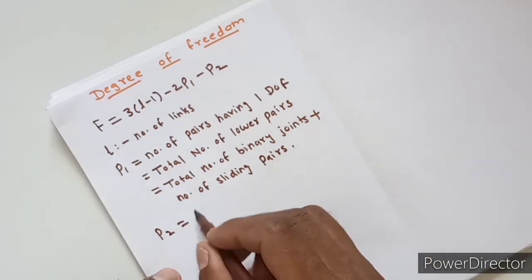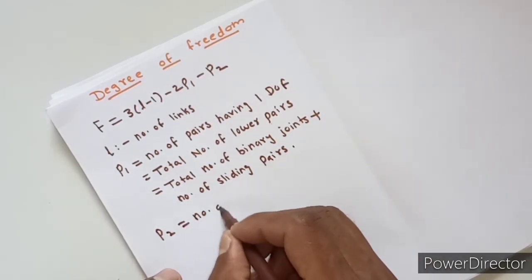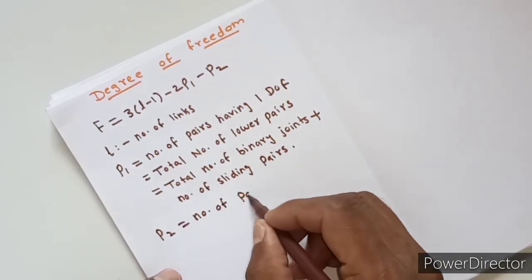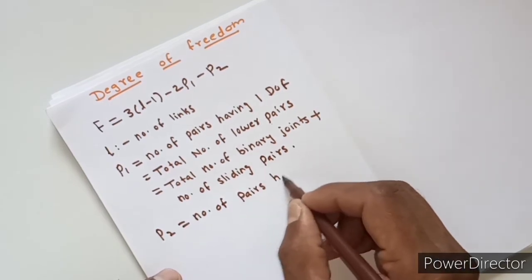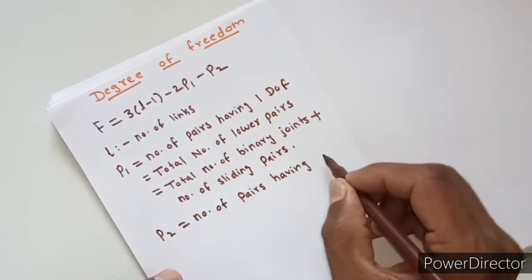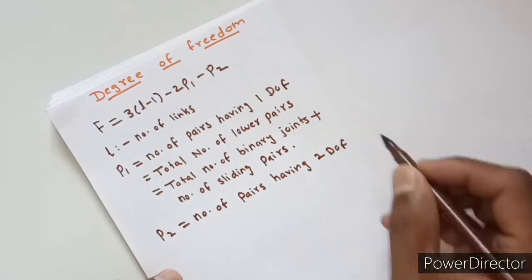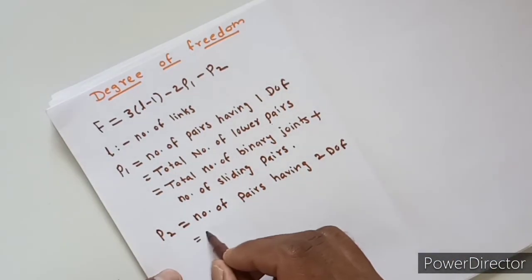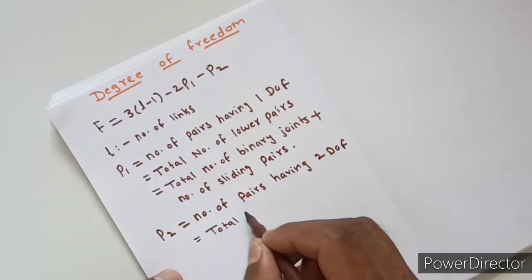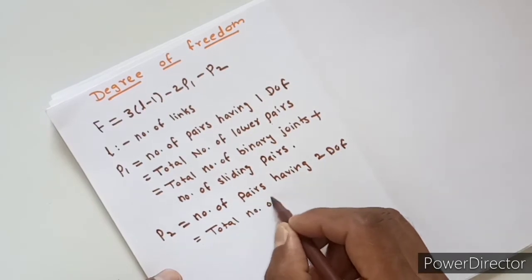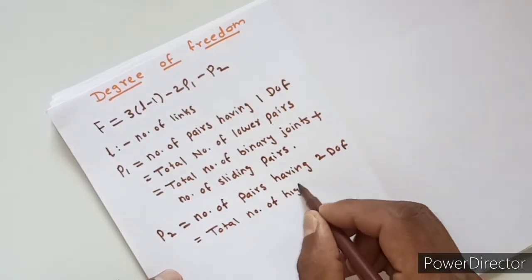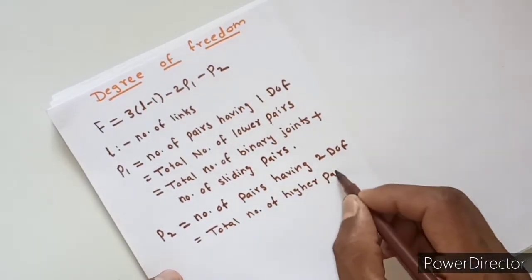And P2 stands for number of pairs having 2 degrees of freedom, or total number of higher pairs.